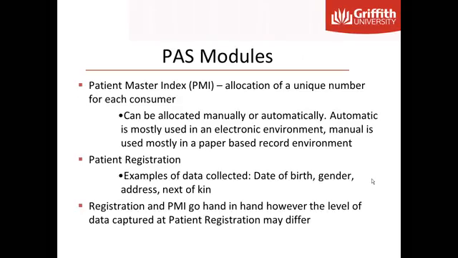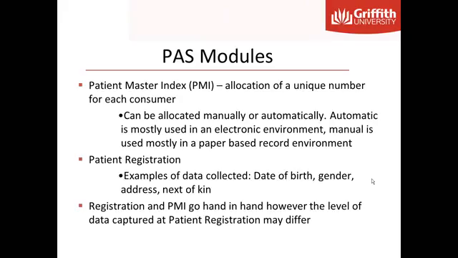The patient administration system, or sometimes known as the patient management system, has different modules. So you can actually approach a vendor and purchase and install all these modules or some of these modules. But what you must have is the patient master index, because this is where the system actually allocates a unique number for each of the patients.